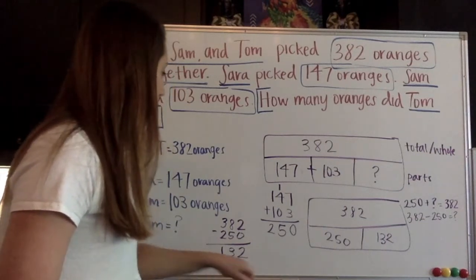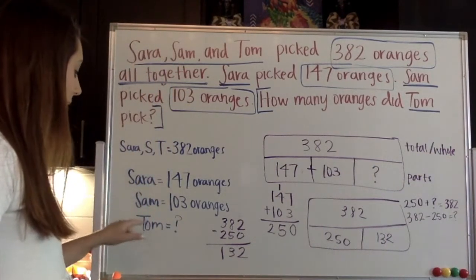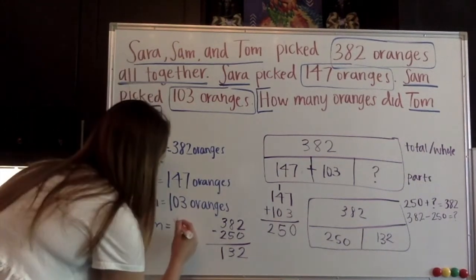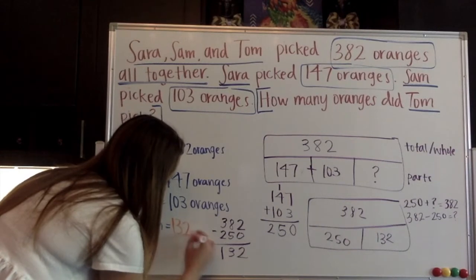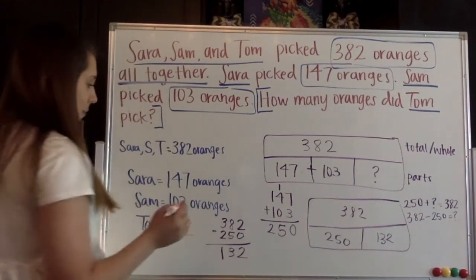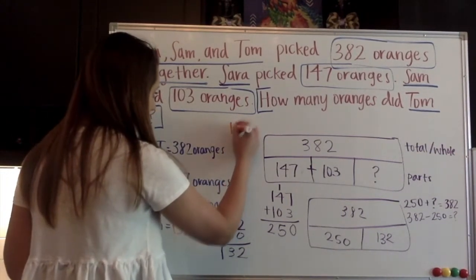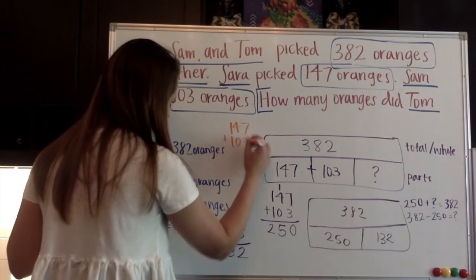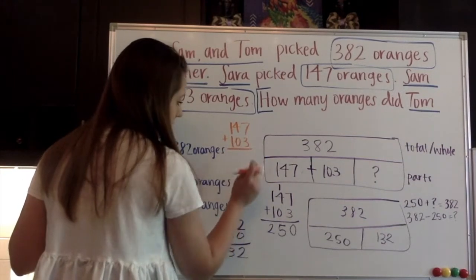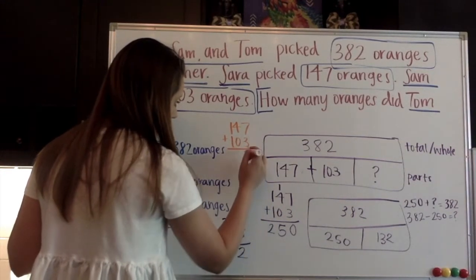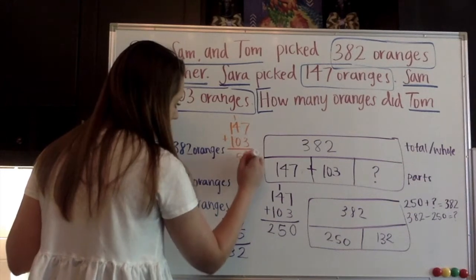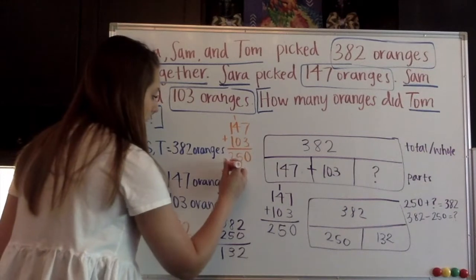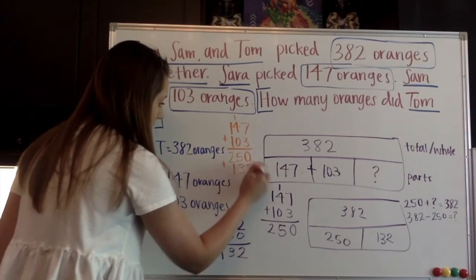So let's see if we add up Sarah, Sam, and Tom, who we now know picked 132 oranges. Let's see if this adds up. So we have 147 plus 103, which equals, as we did here, 250 plus 132.